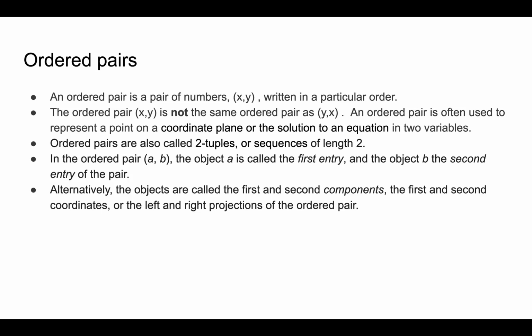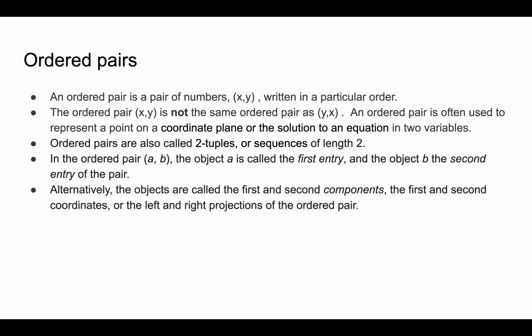Then in the ordered pair AB, the object A is called the first entry and the object B the second entry of the pair. Okay, A is the first entry, B is the second entry.